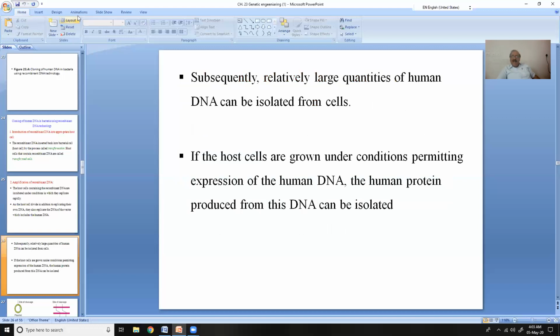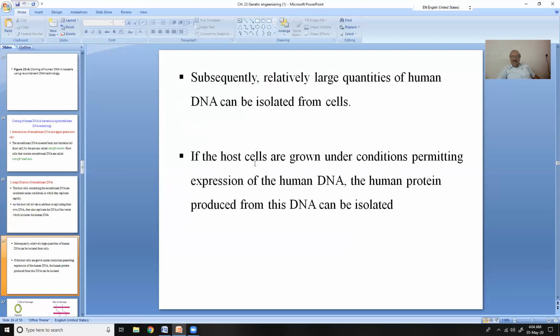Subsequently, relatively large quantities of human DNA can be isolated from the cells.